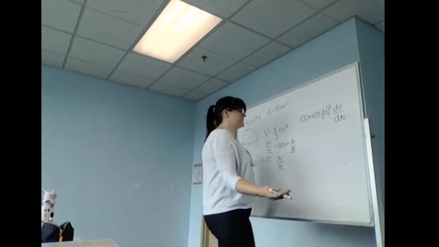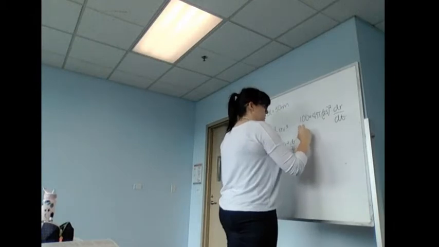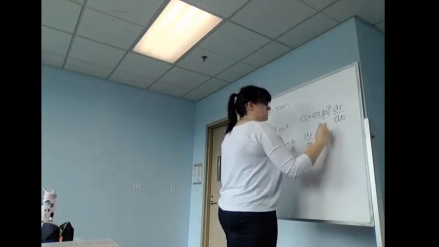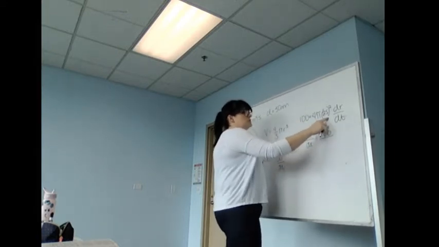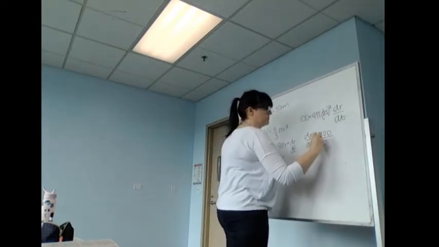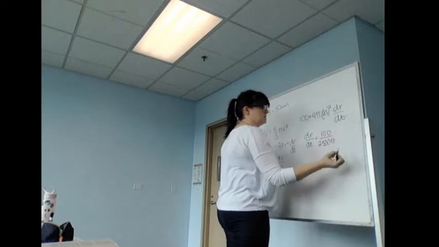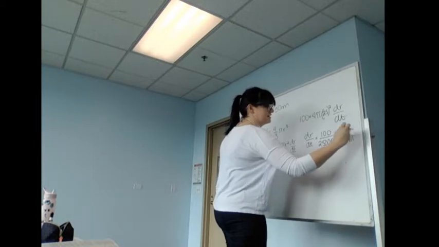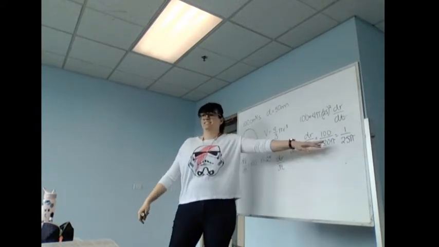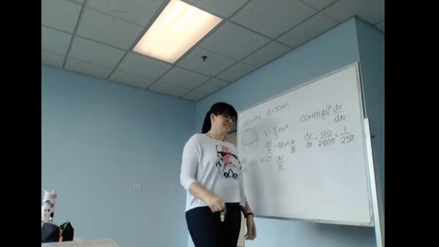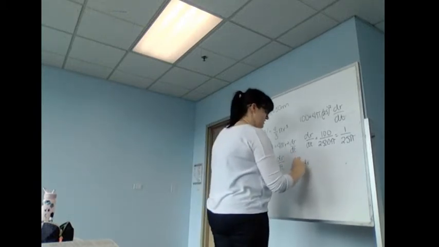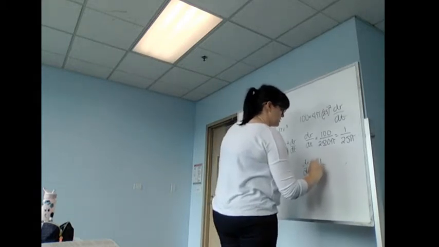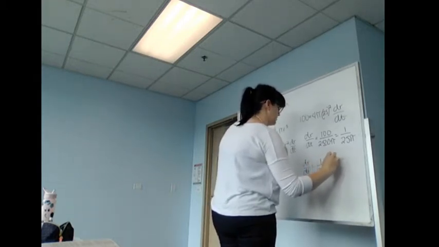So solving for dr/dt, because that's what the problem is asking us, dr/dt equals 100 over 4 times 625, which is 2500, and then pi, which equals 1 over 25 pi. So that's how fast the radius is changing. dr/dt equals, remembering our units, 1 over 25 pi centimeters per second.